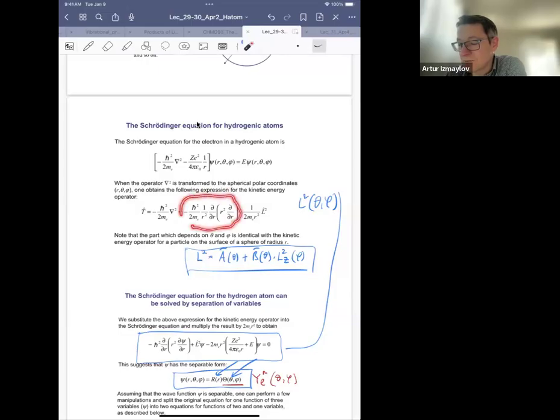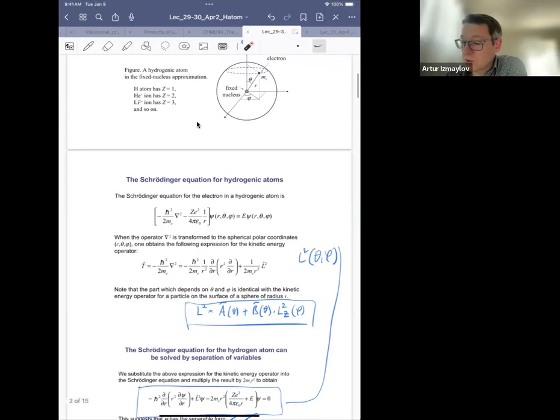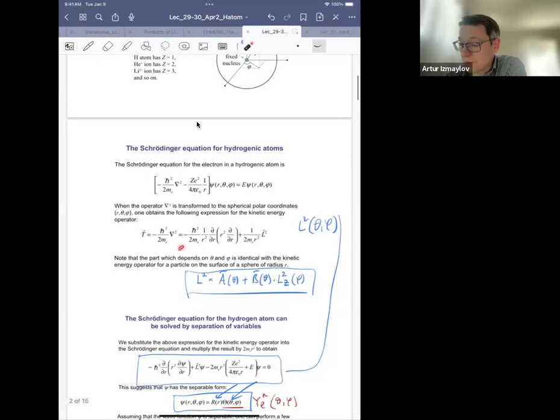There's nothing else here. It's just a nuclear core. Sorry, it's the coordinate of the electron with respect to the nucleus, R, the radius vector. That's the only thing in this part.